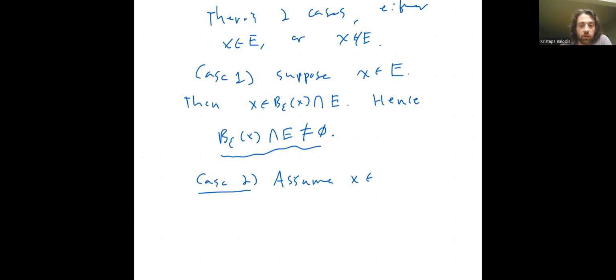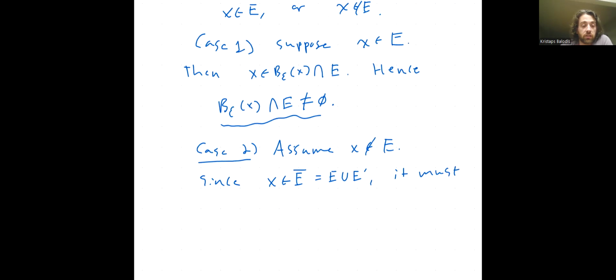Assume that X is not in E. Well, since we did assume that X was in the closure, and the closure is the union of E and E prime, well, if we're assuming that X is not in E and it is in the closure, it must be that X is in E prime, right?